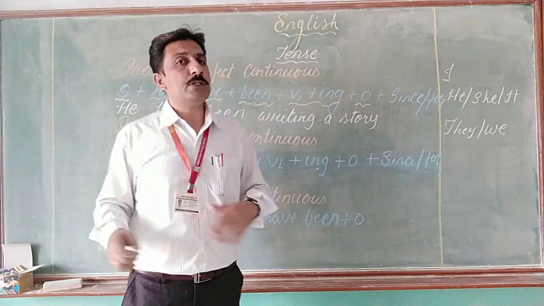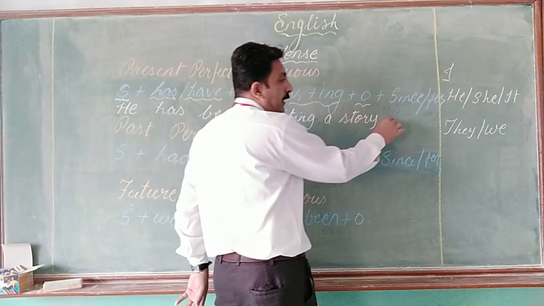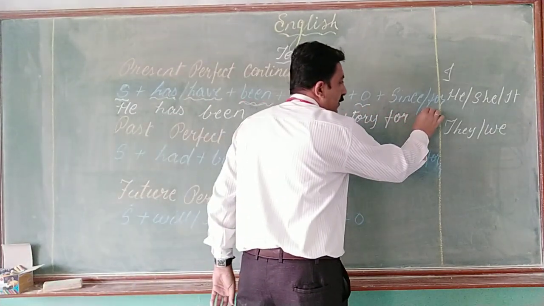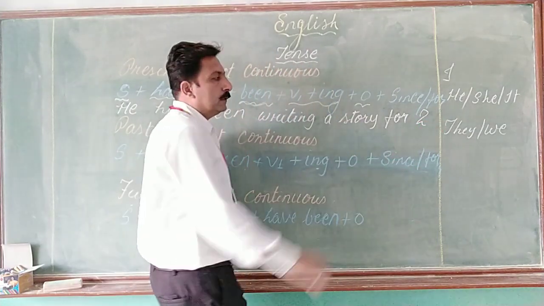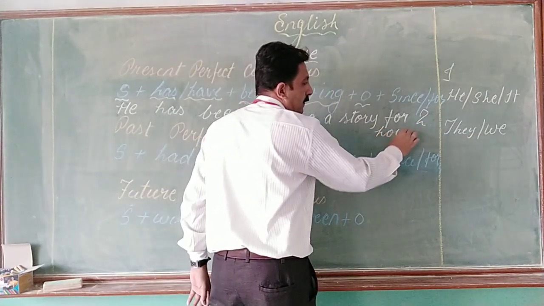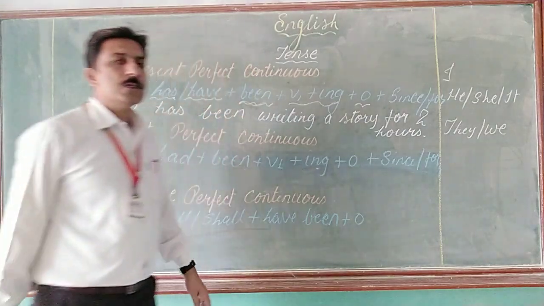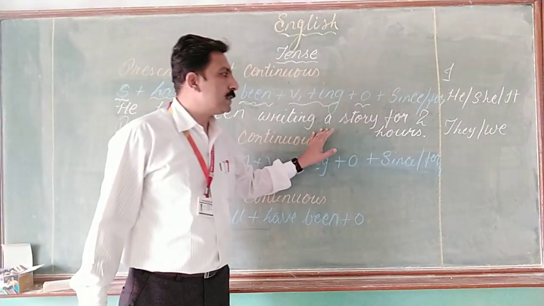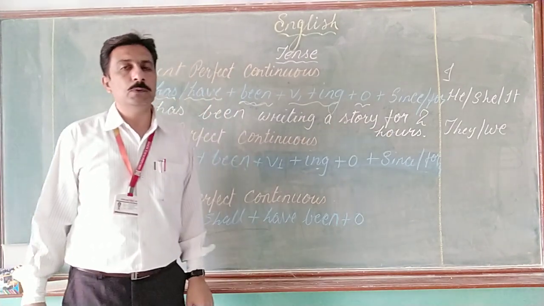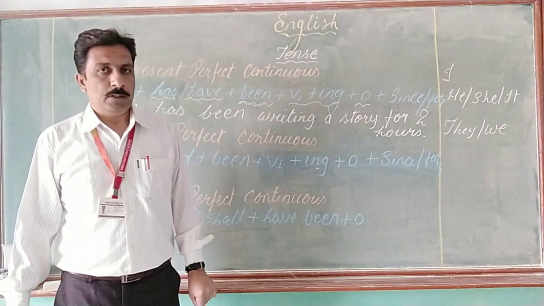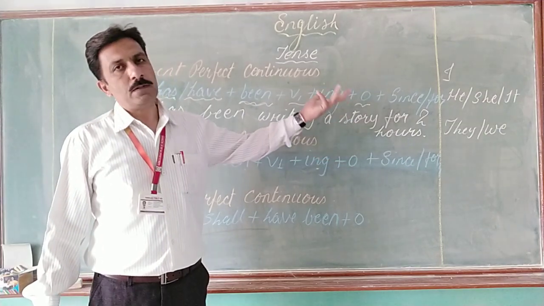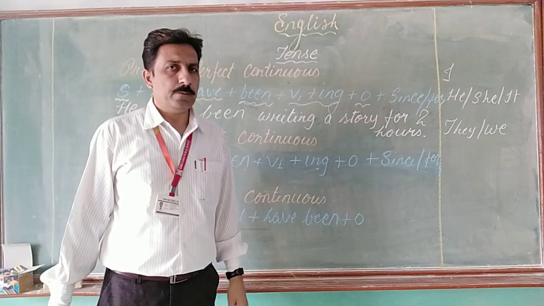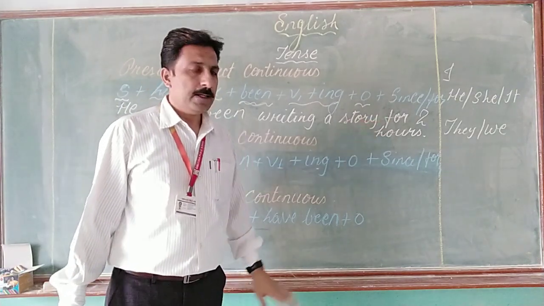So for that duration, I will take the word for, and then I will write 2 hours. So my sentence is now complete: he has been writing a story for 2 hours. That 2 hours may be morning hours, maybe evening hours, maybe night hours. I don't know. That is why I use for.